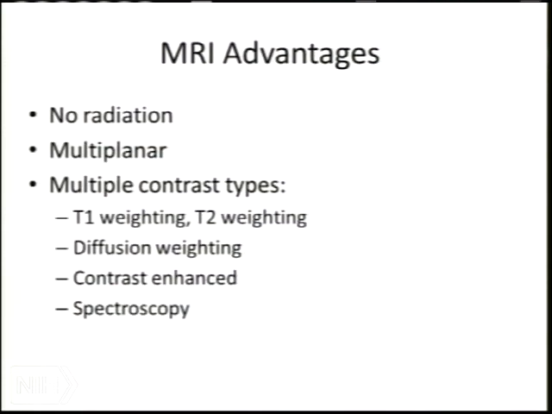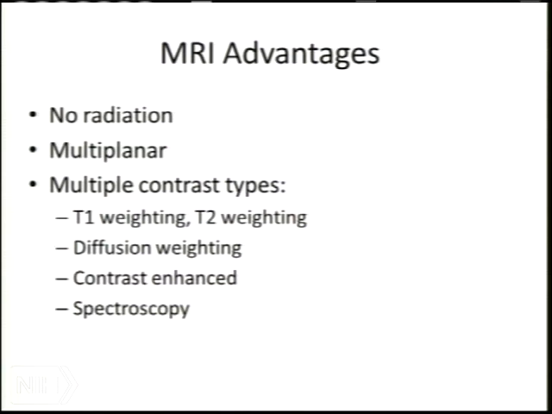So what are the advantages of doing an MRI over, say, a CT? Well, first of all, there's no radiation. It works on magnetic fields and radio frequency. It is inherently multiplanar, so you can acquire the images in a particular plane, which has less advantage now that CT is obtained in a volume and you can cut it in any plane, but it's still advantageous.